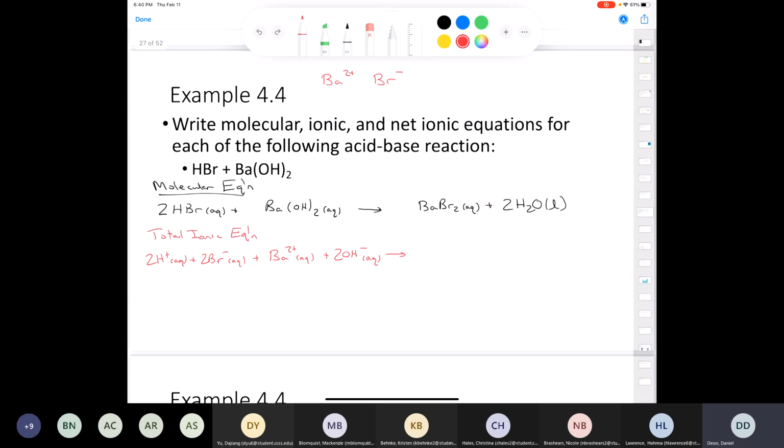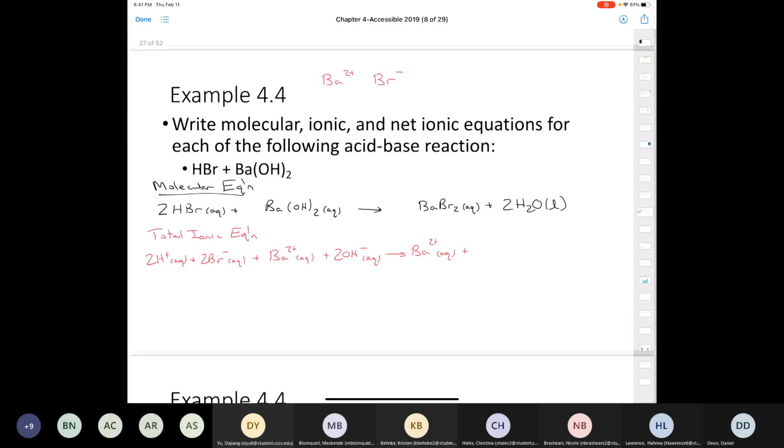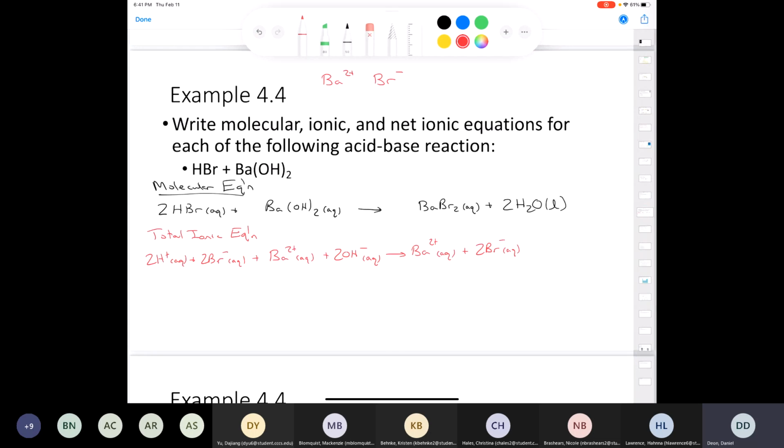Now I'm on the barium bromide. On the products, we've got a barium ion in solution, plus 2 bromide ions in solution, plus 2 H2O.